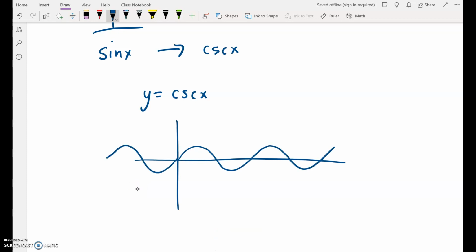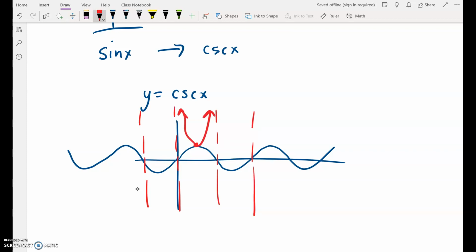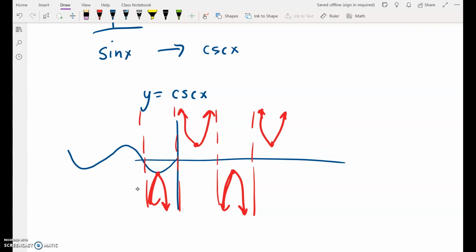I'm just estimating, but you get the idea. And then I would know that there are going to be asymptotes everywhere there's a 0. And then I'm going to have this, and this, and this, and this. And then I would erase the blue, but I officially graphed a cosecant graph, and I used the sine wave to help me do it.